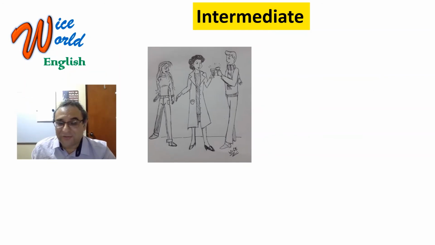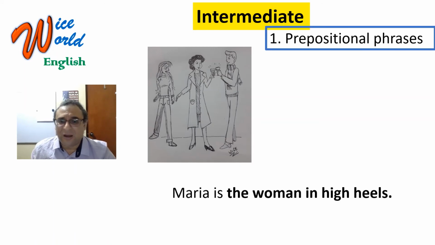Okay, we are about to finish this video. Do you remember the high heels and Maria? Who's Maria? Maria is a woman in high heels. But what happens if, for example, there are two women wearing high heels and you want to really identify Maria? Well, you can also use adjectives.